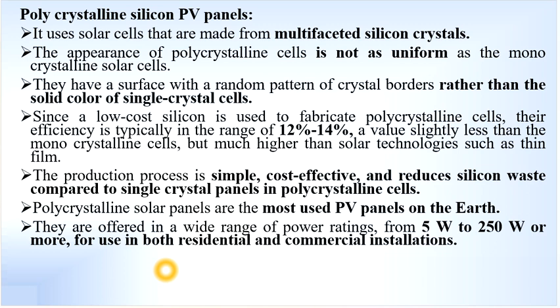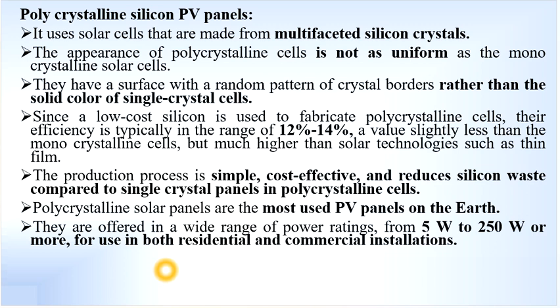Now the appearance of polycrystalline cells is not as uniform as monocrystalline solar cells, and they have a surface with a random pattern of crystal borders rather than the solid color of single crystal cells. And since low cost silicon is used to fabricate polycrystalline cells, their efficiency is less, right?